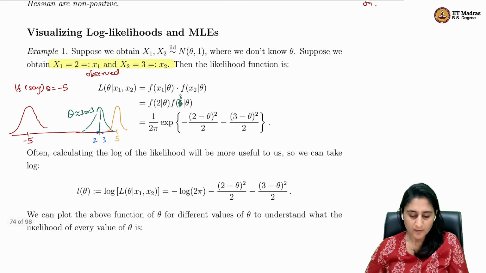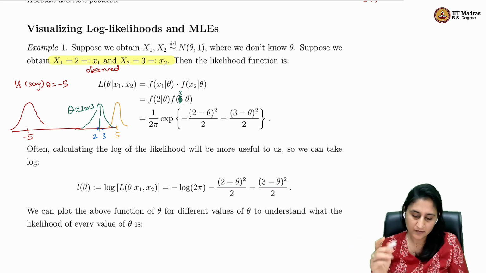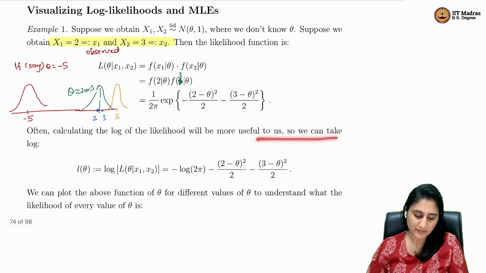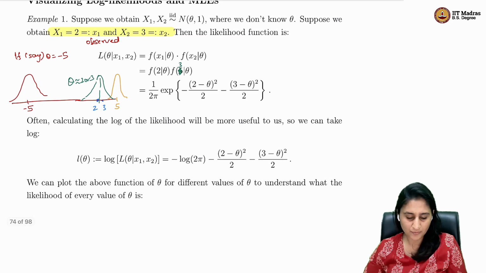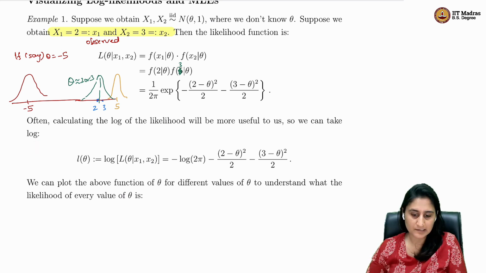Now, often calculating or maximizing the likelihood can be a little troubling because you can see that this is e to the power something. So taking a derivative in order to maximize can be a bit challenging. So often what will be more useful is if we take a log, right? And we'll get to why this actually works in a little bit.